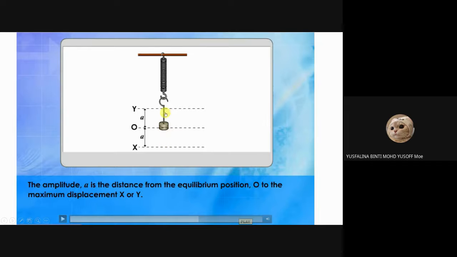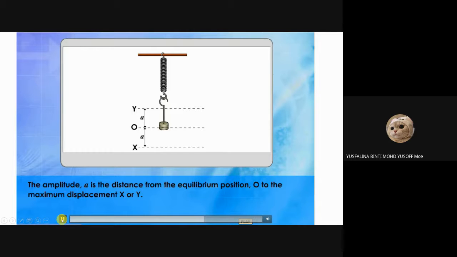Then if we go up and start to oscillate, say you drag until OX, then go up to O, then to Y, OY is also called the amplitude. The lengths of both are the same. So let's say this is 3 cm, OY is also 3 cm.